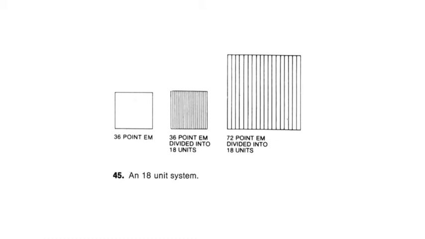So it's based more on a percentage of whatever that letter form happens to be. During the typesetting process, a counting mechanism, which is part of the machine, controls the length of each line by adding up the unit values of the characters and the spaces between words. One thing to keep in mind when working with units is that they are always relative to the type size.